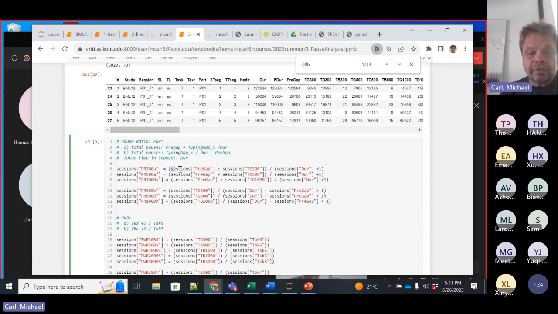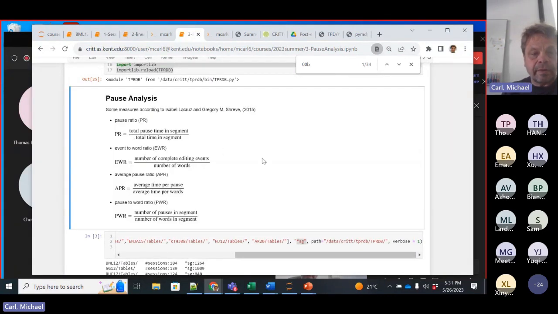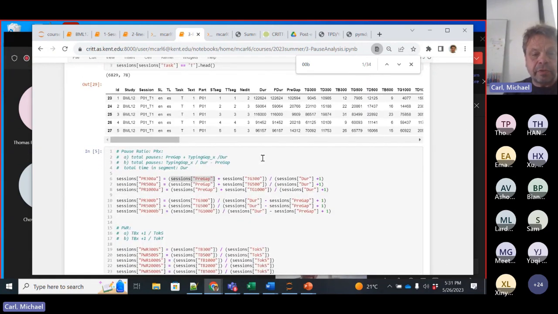If we add these two together, if we assume that the pause before starting typing is also part of this pause, then we add this pre-gap and the total typing pausing time divided by the production duration of this whole segment.